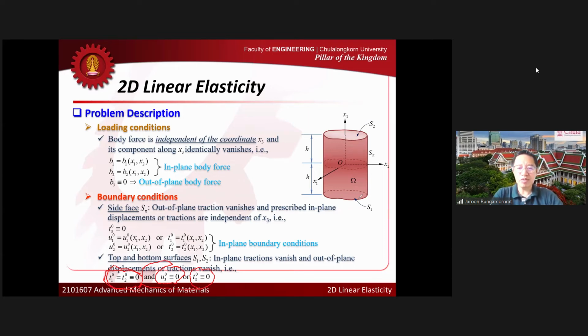Okay, so if you take a look at all the information that I introduced here, you can see that most of the information is in plane, right? The out of plane is simply 0, right? So we look at only the problem that involves the in-plane information, including the geometry, material property, loading conditions, boundary condition. All of them are in plane.